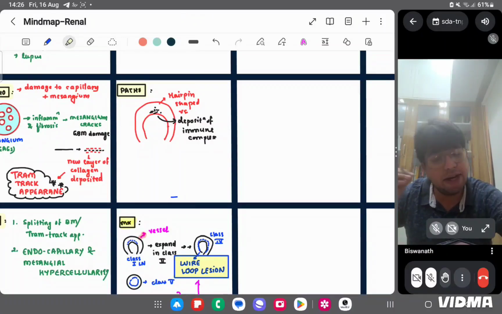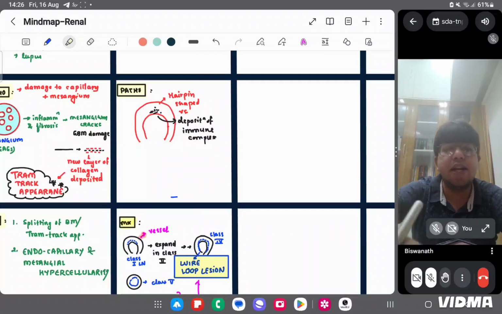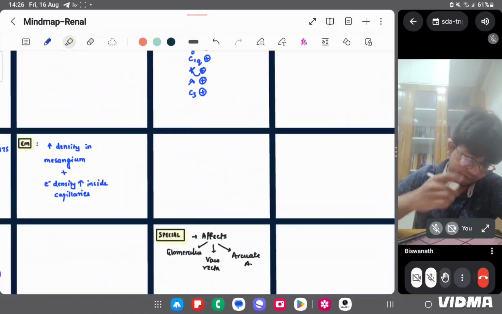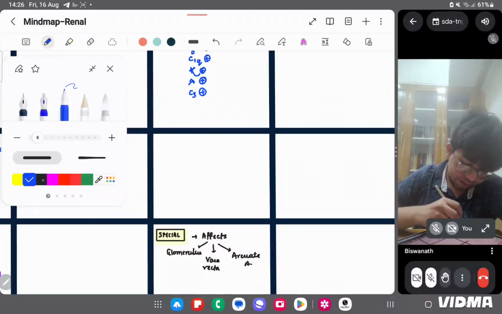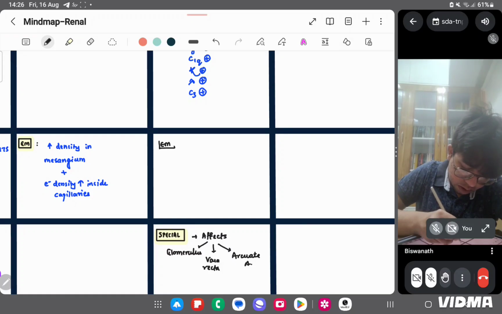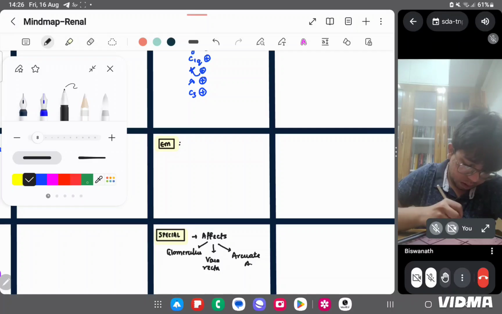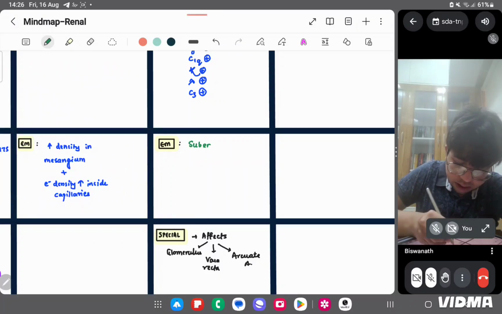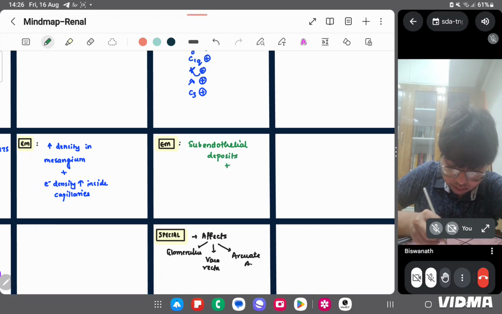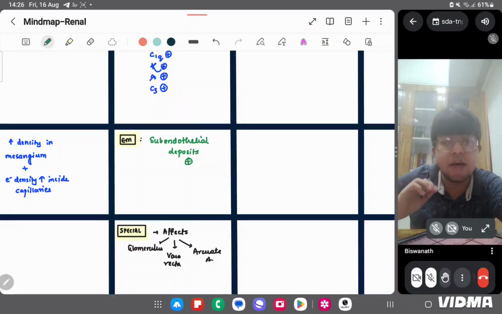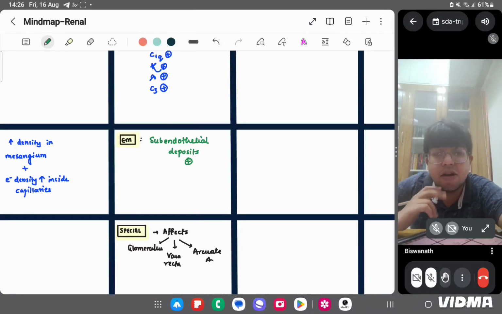So there are subendothelial deposits present. Subendothelial electron density or subendothelial deposits, and this is seen in lupus nephritis.